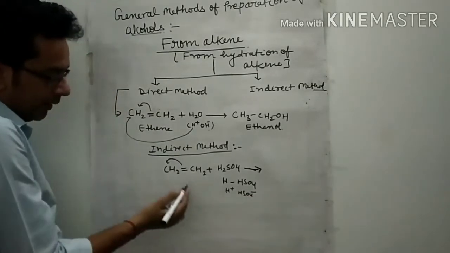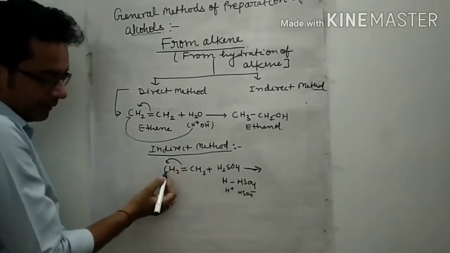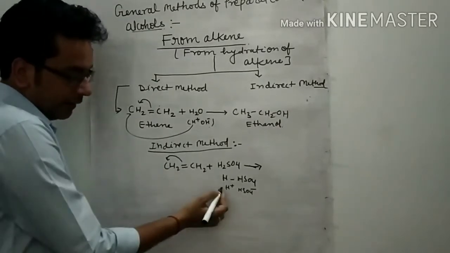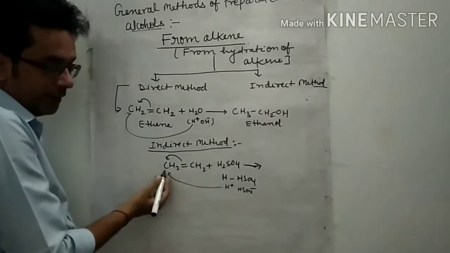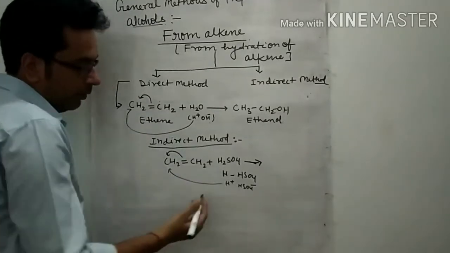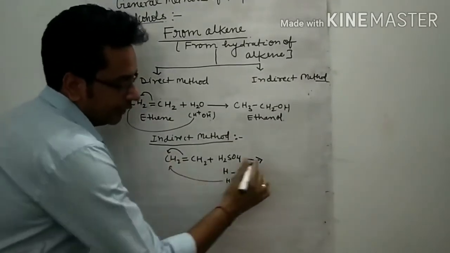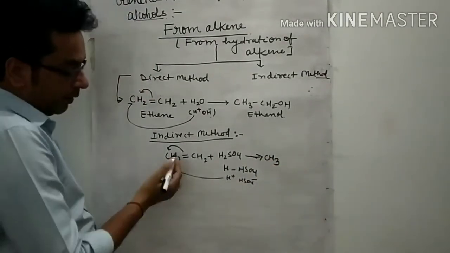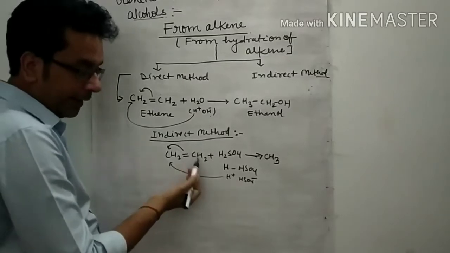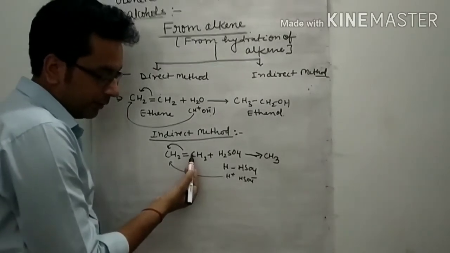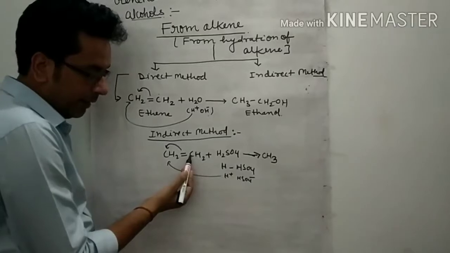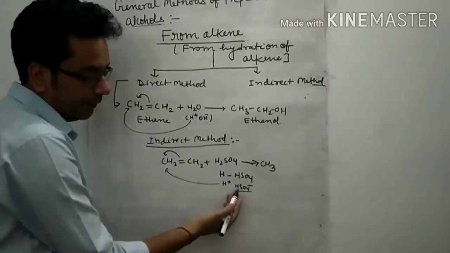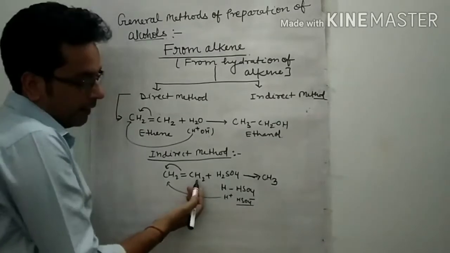If the bond dissociates on one side of the carbon, it acquires a negative charge and hydrogen attacks on this carbon, giving CH2 CH3. This carbon acquires a positive charge, so the hydrogen sulfate ion attacks on this carbon.